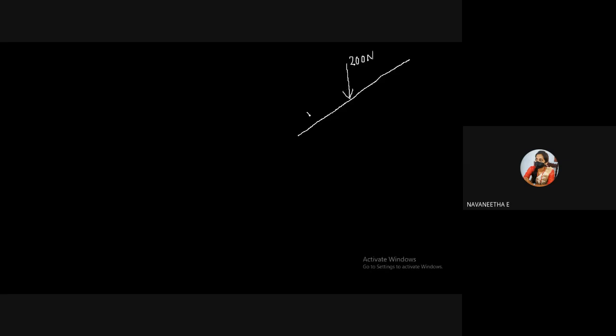This is 1.5 meter and this is 1.5 meter, right? Then there is a weight applied at the point B, that is 1000 Newton. Due to this 1000 Newton, the ladder slides down, reaches a particular point and stops. At that position, the inclination of the ladder with the horizontal is theta. I don't know the angle, so I am considering a variable, theta. Here is the point A and this is the point B.